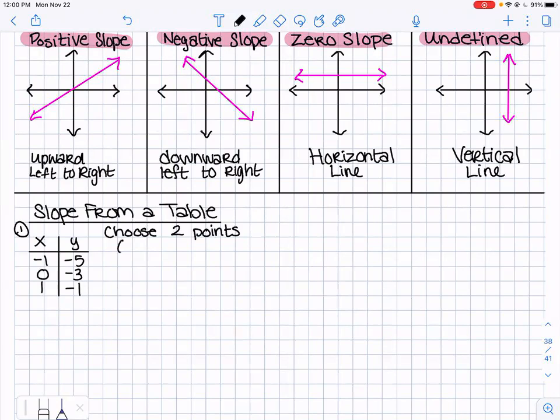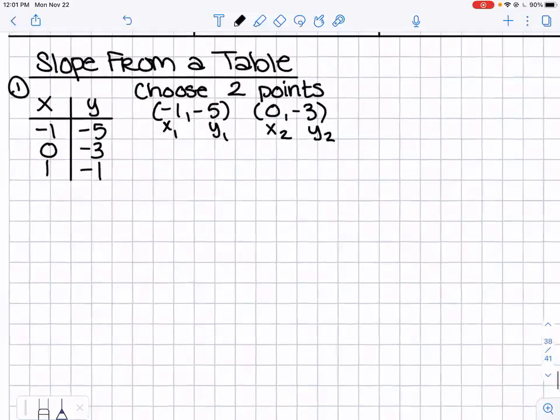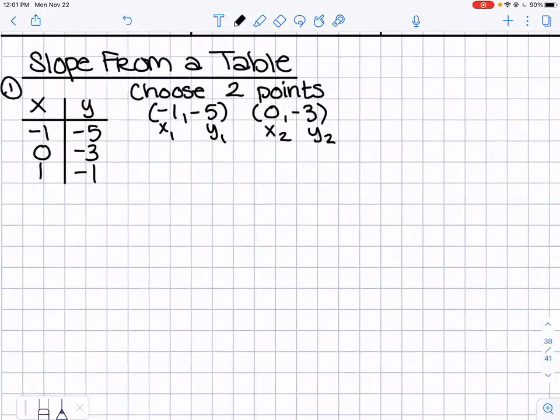So it'd be -1, -5, and choose another one. 0, -3. It does not matter which 2 you choose. This will work. Then you just have to decide which one's point 1, which one's point 2. Let's make this easy. This is x1, y1. This is x2, y2. I like to label them with the x's and y's, so when I plug them into the equation, it doesn't take any extra thinking.